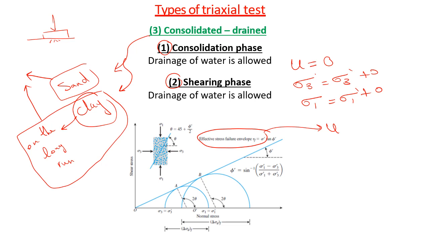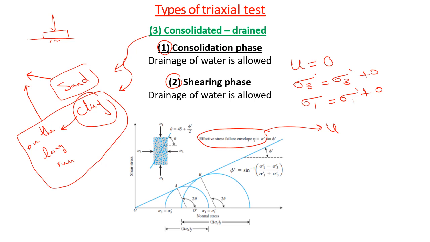However, on the long run, drainage of water takes place because after 15 years or after 20 years or after 30 years, although the clay has a very small coefficient of permeability, the water will be able to be drained, but after a long period of time, maybe after 10 years, 15 years, 20 years.